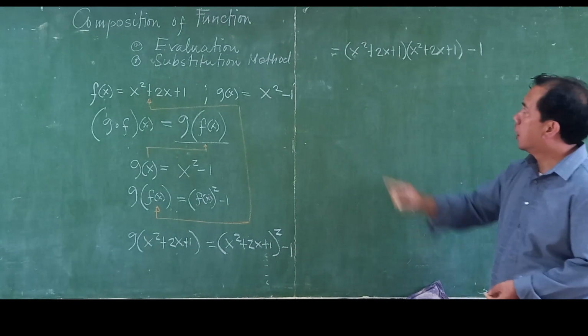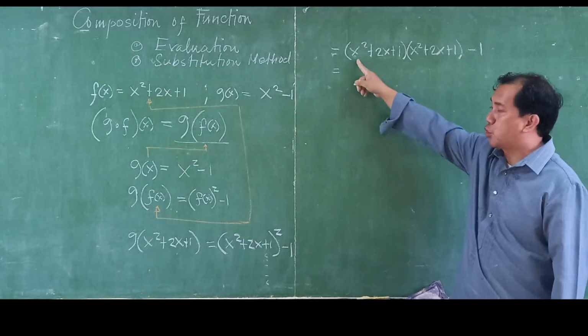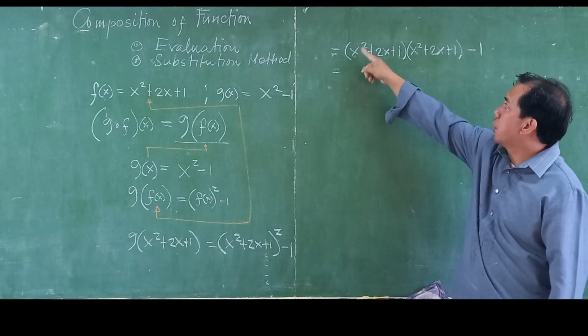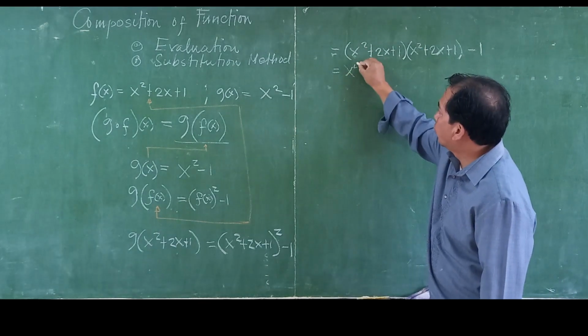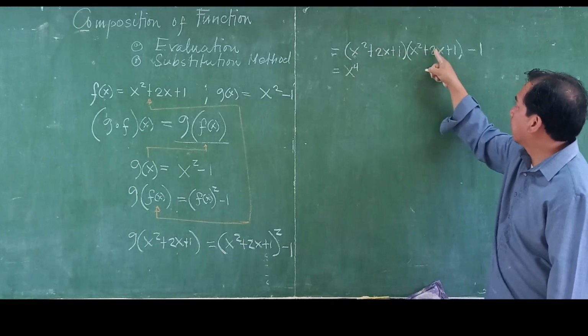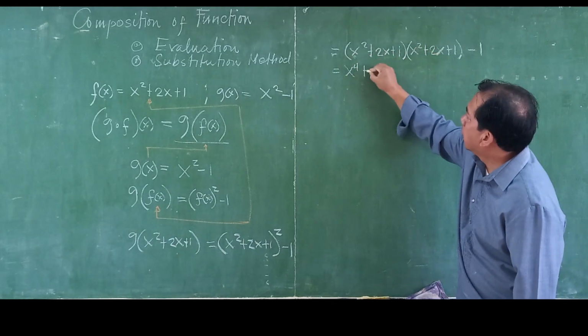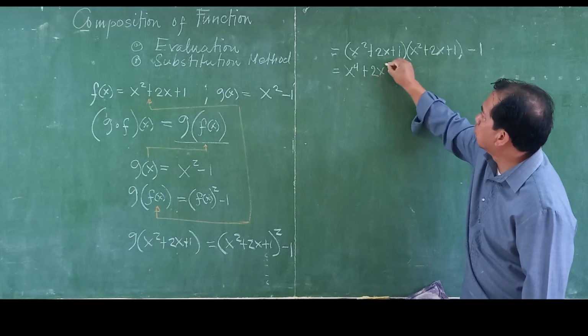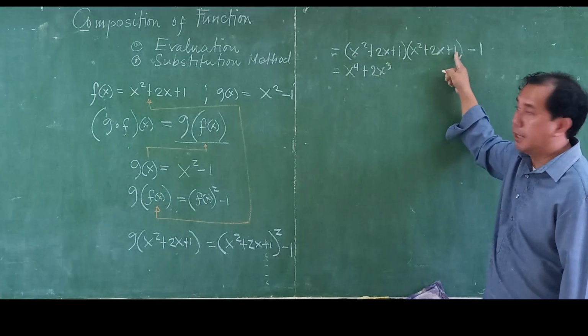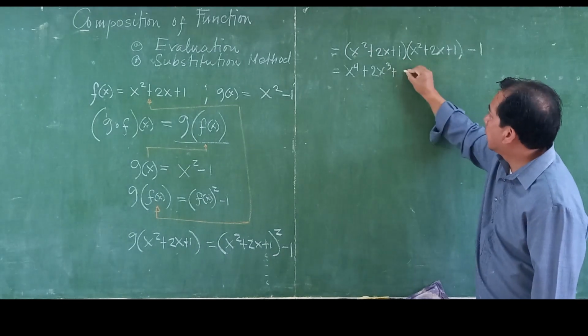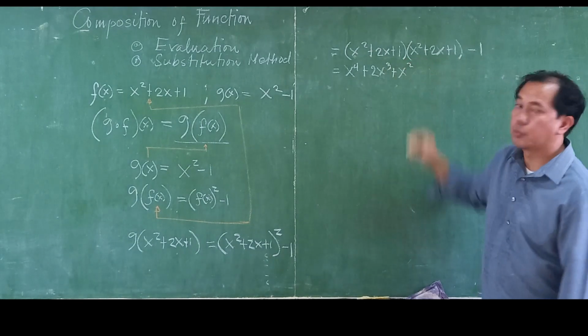Let's continue. So, distribution. That is the same as x raised to 2 multiplied by x raised to 2. We have x raised to 4. X raised to 2 multiplied by 2x, we have 2x raised to 3. X raised to 2 multiplied by 1, that is the same as x raised to 2.